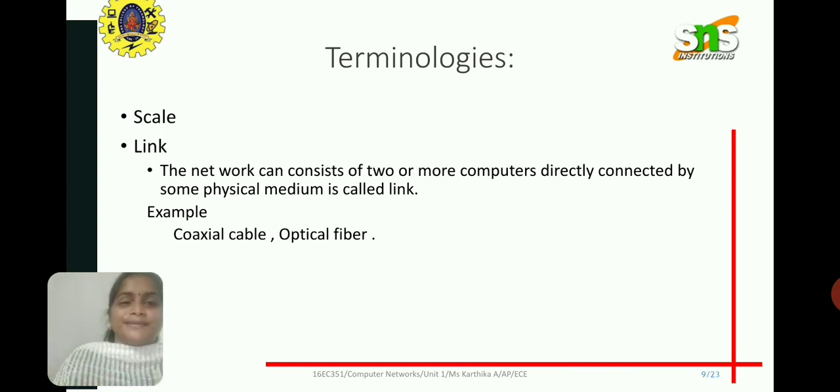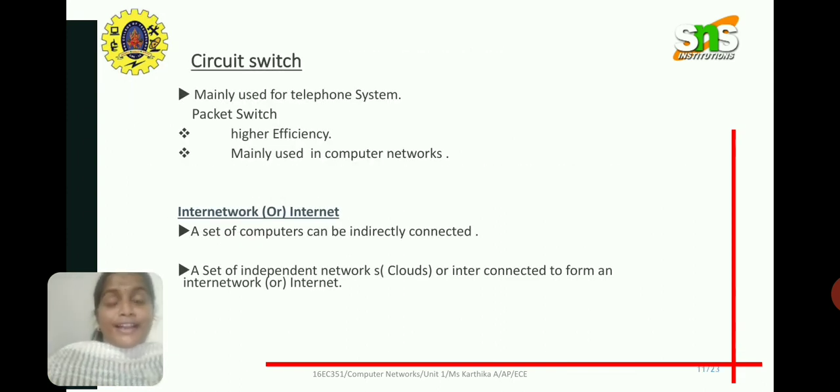In wired networks, we use physical connectivity like coaxial cable and optical fibers, and in wireless we don't need any physical connectivity. What is circuit switching? It is mainly used for the telephone system. We also have packet switching, which has higher efficiency and is mainly used in computer networks.